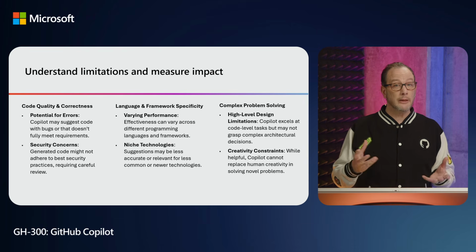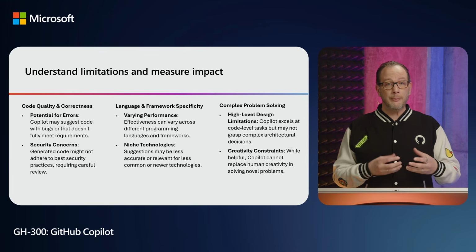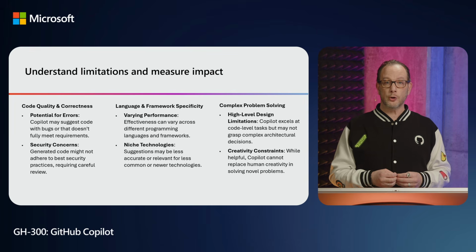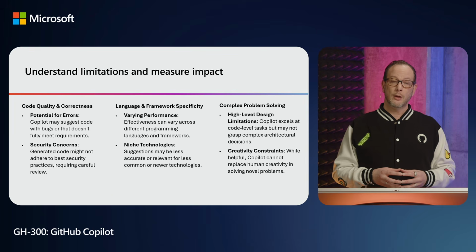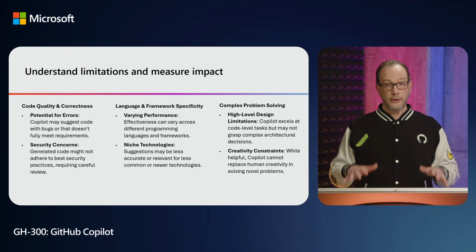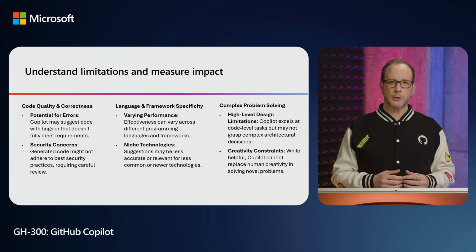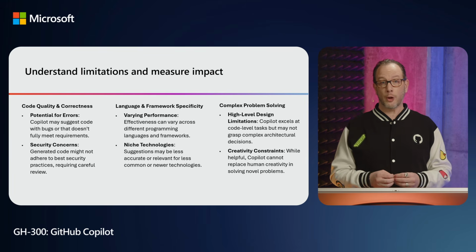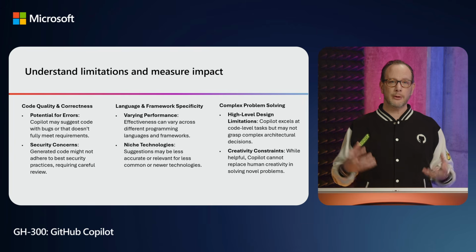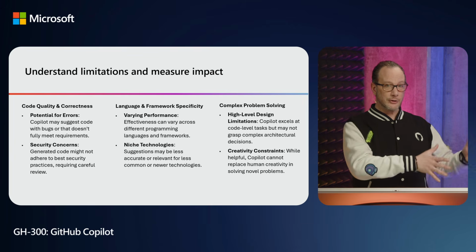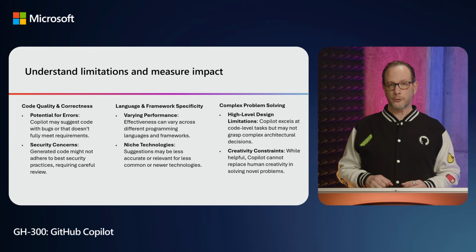Generated code may contain logic errors or maybe bring in security vulnerabilities, and it should always be reviewed regularly. Copilot honestly excels at code-level assistance, but complex architectural decisions and creative problem-solving remain firmly in human hands. Highlighting Copilot is that assistant. It's not a replacement.